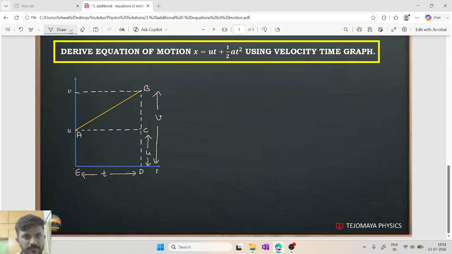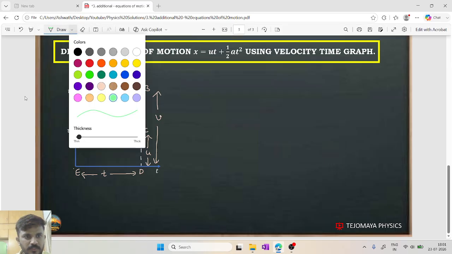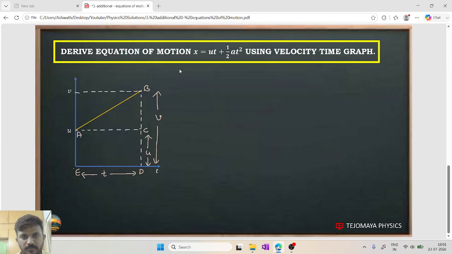After that, I'll write here, that is area under velocity versus time graph gives displacement.